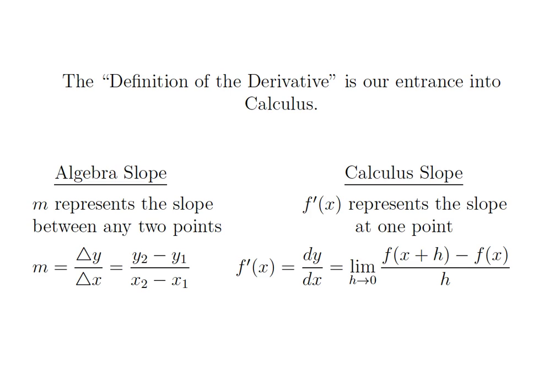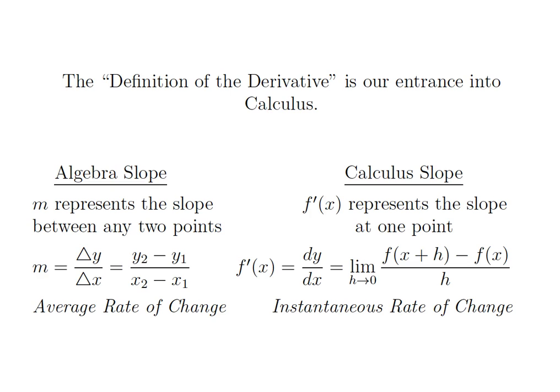For our calculus slope, f prime of x, which is the derivative, is equal to dy dx, the derivative of y with respect to x. That's equal to the limit of f of x plus h minus f of x all over h as h approaches 0. For our algebra slope, this slope is the average rate of change. And for our calculus slope, the slope is our instantaneous rate of change.